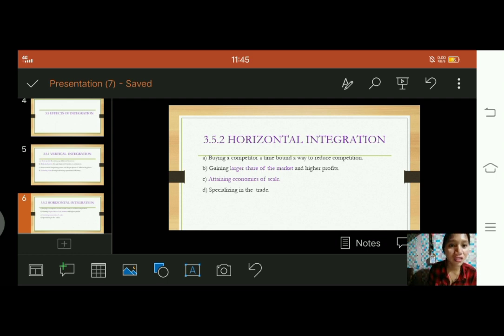Then the next is attaining economies of scale and specializing in the trade, which means mas maganda siya kasi marami nakikreate na choice yung tao, at the same time tumataas ang supply.